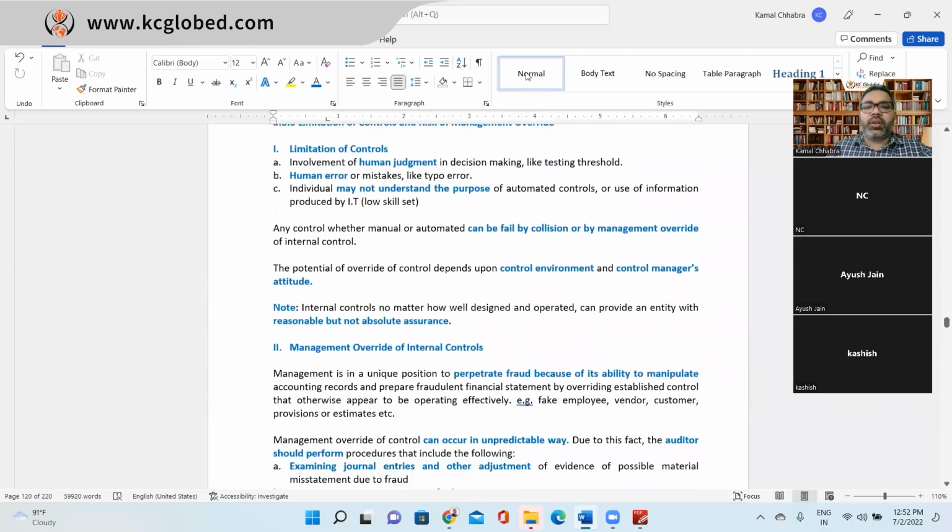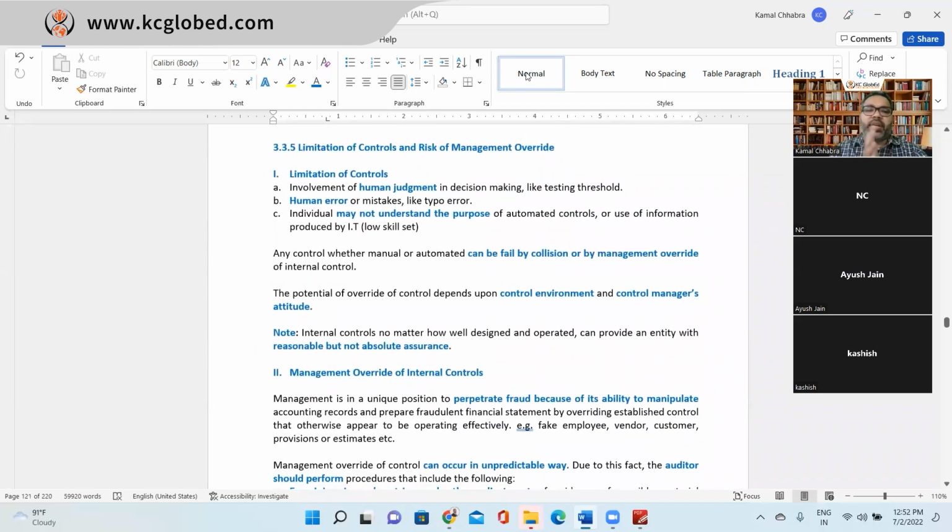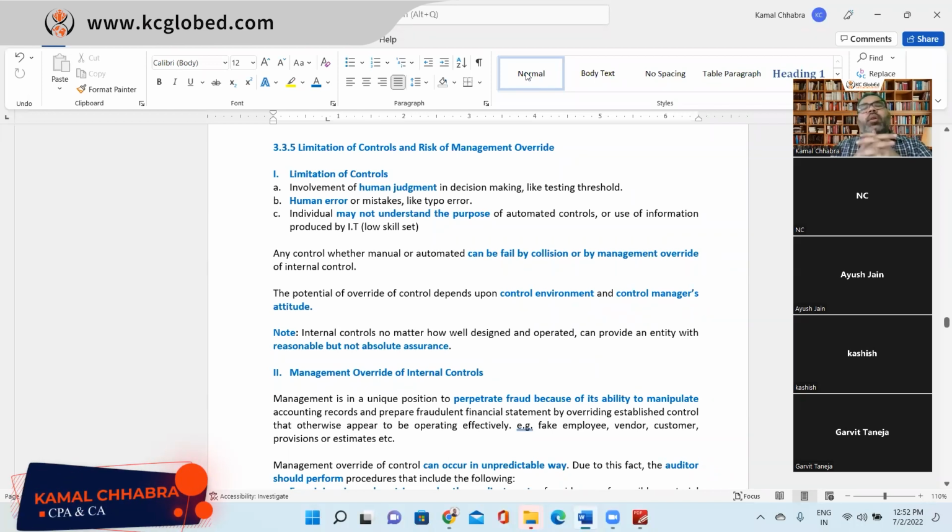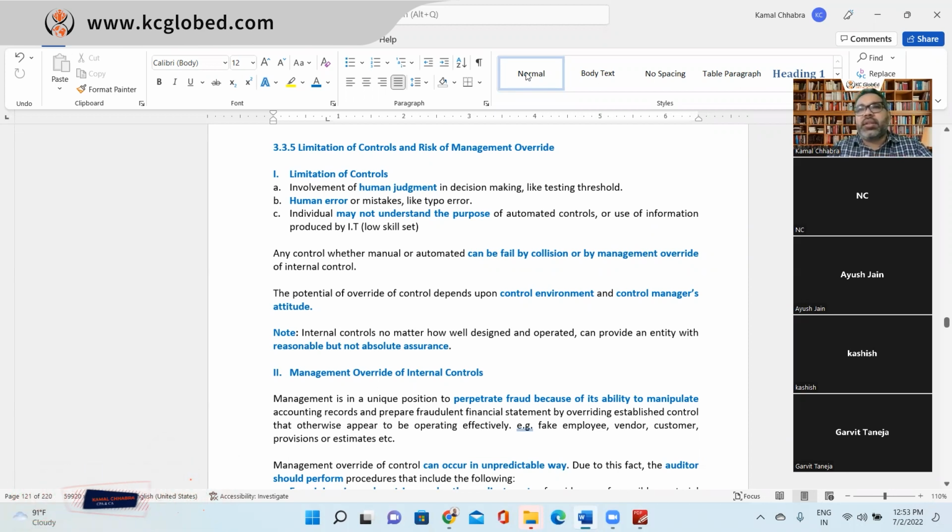So now we are jumping to the third topic of the day, which is limitation of controls and risk of management override. All the controls that management puts in place always carry some level of risk of management overriding. Why? Because management is always in a position over and above the controls, and they can manipulate within the controls, or override those controls based on their rationalization, opportunities, or other pressure, right?